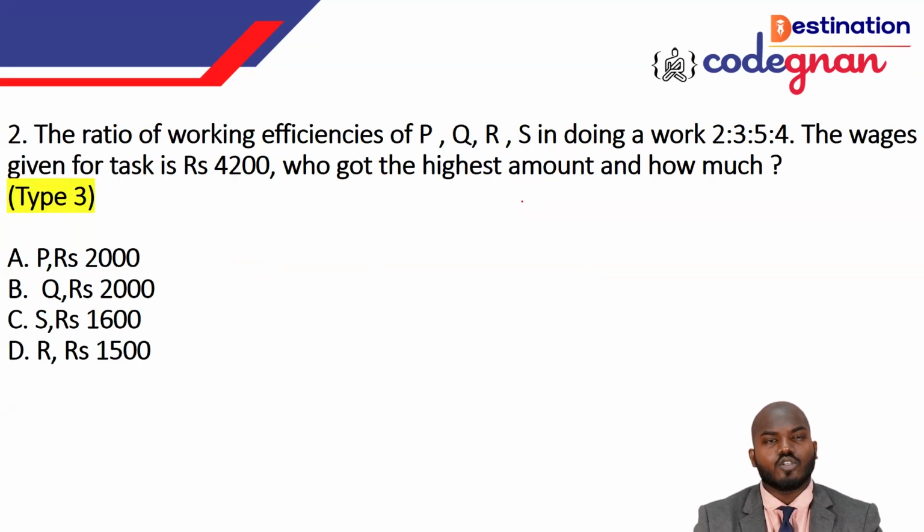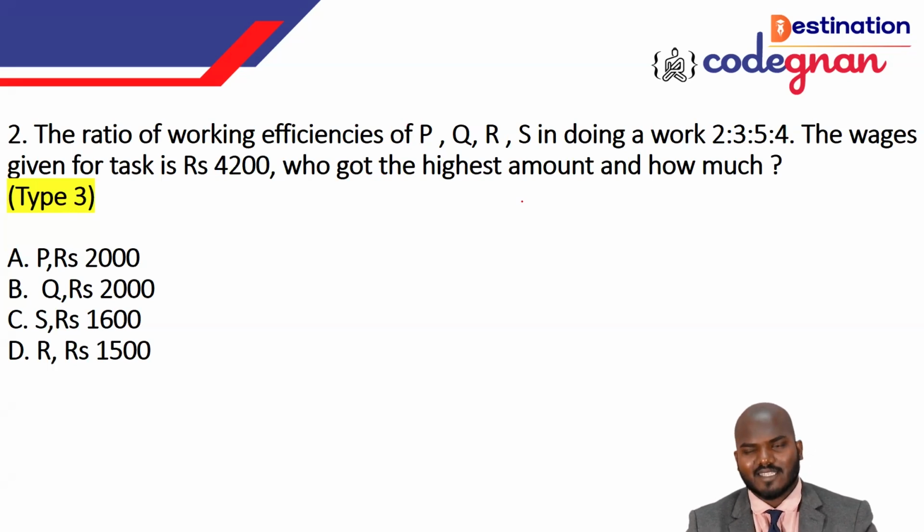You see this one, the ratio of working efficiencies of P, Q, R, S in doing a work is 2 is to 3 is to 5 is to 4. There are 4 people whose working efficiency is given. Guys, please don't ever take that as a direct value. It's all just a ratio. The wages given for the task, we don't know what the task is, how many days, or how much money each person gets.